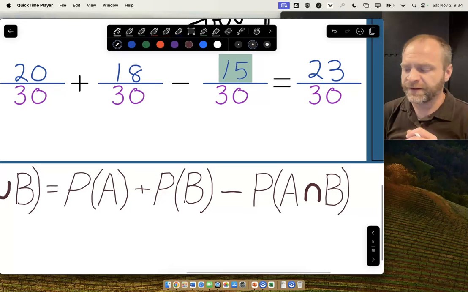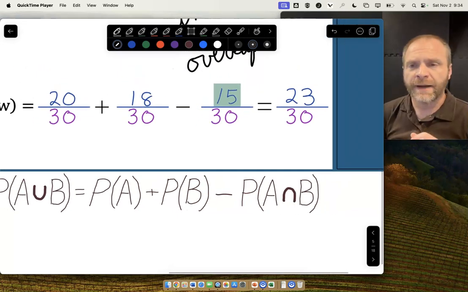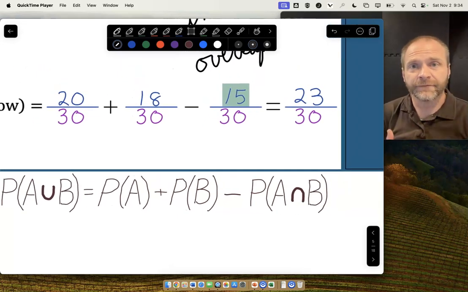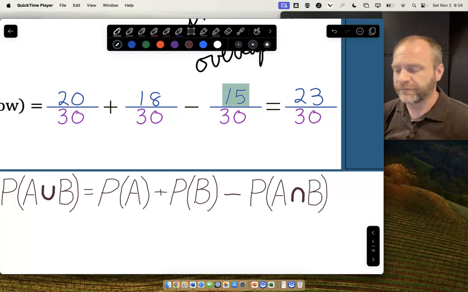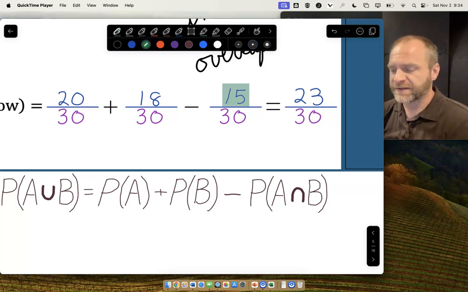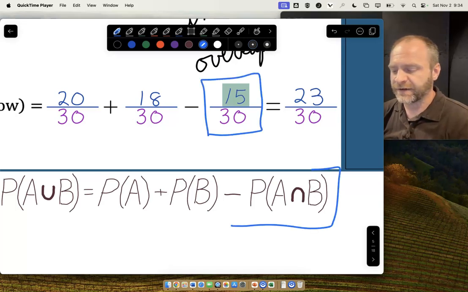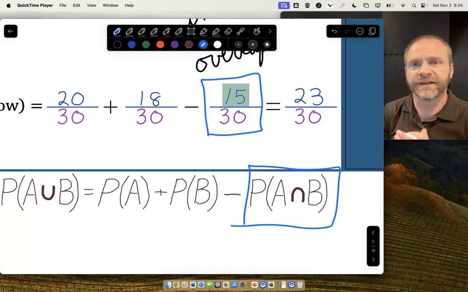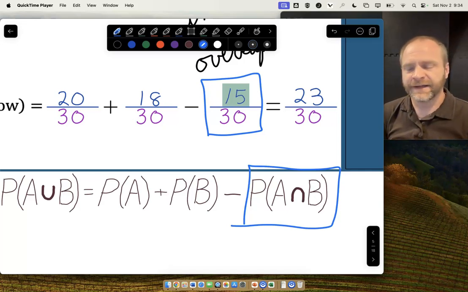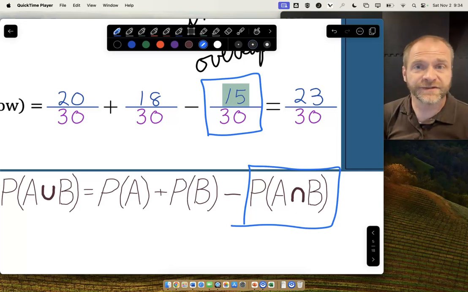And so if I want the probability of A or B, I can take my probability of A, add my probability of B. However, what happened in this case was that they overlapped. I have to subtract it to make sure that I remove the fact that I'm counting it twice. And that right there is the symbol for and. Probability of A and B, the upside down U that is read as intersect.